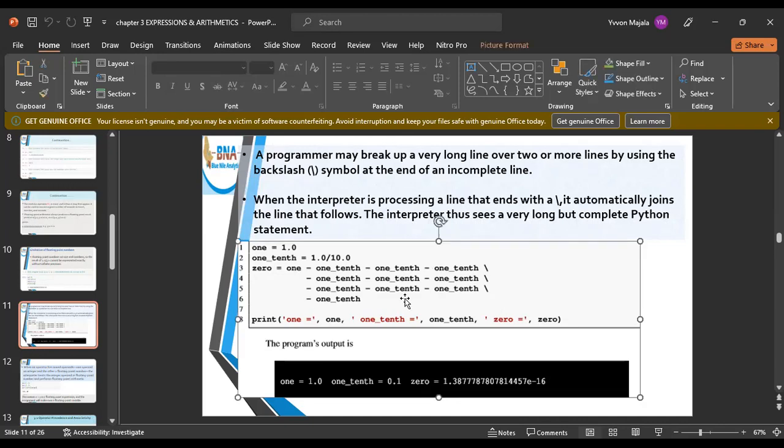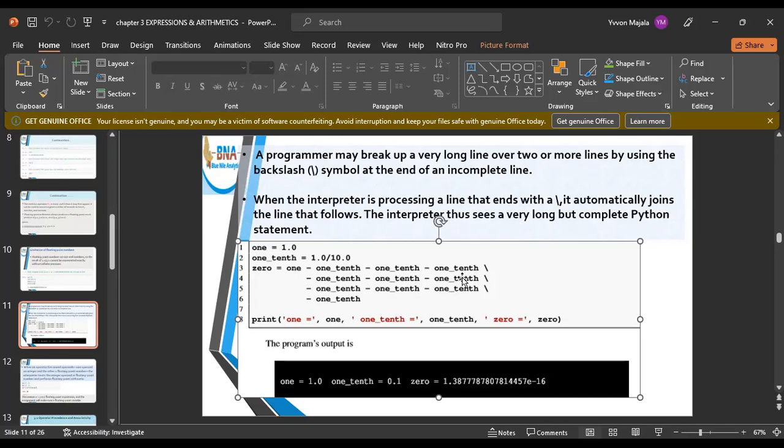For example, if you have a very long line, like 0 is equals to 1 minus 1/10 minus 1/10 minus 1/10, and so on, because this line is very long and you don't want a long line there, you can just use this backslash to tell the compiler that the line that follows is still a continuation of the line above. It's like a paragraph.